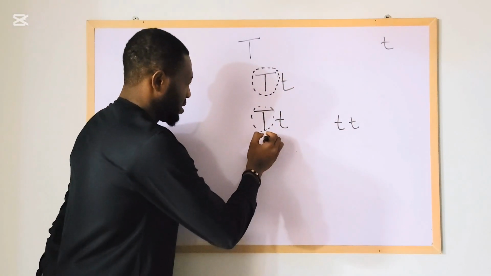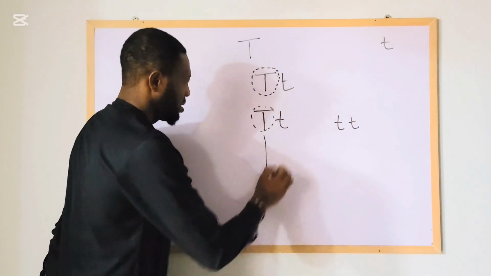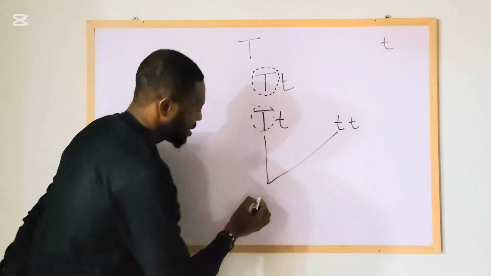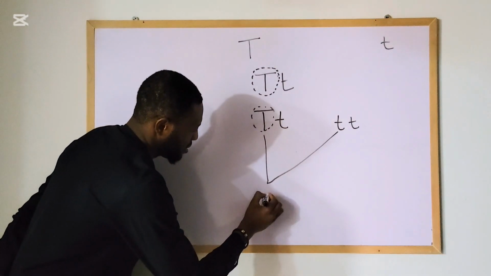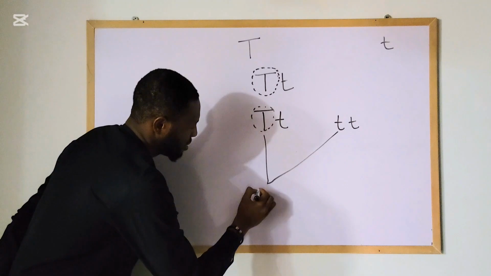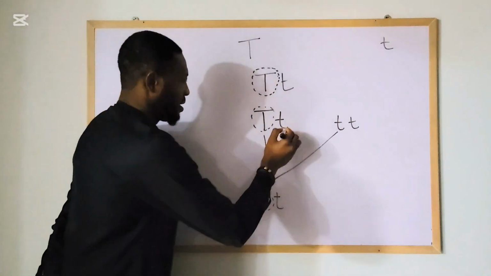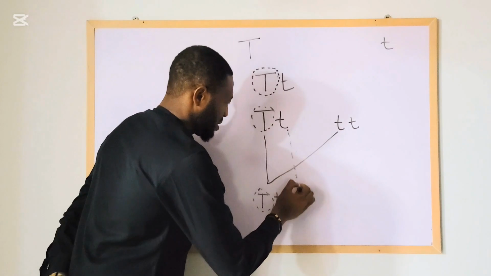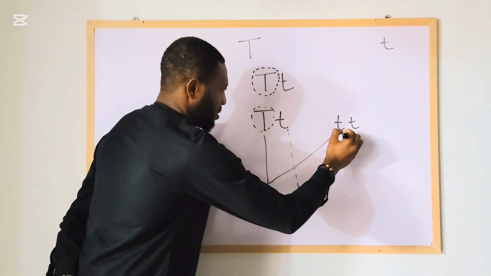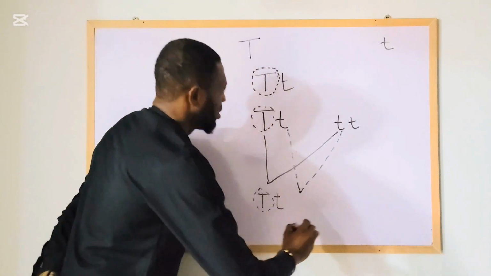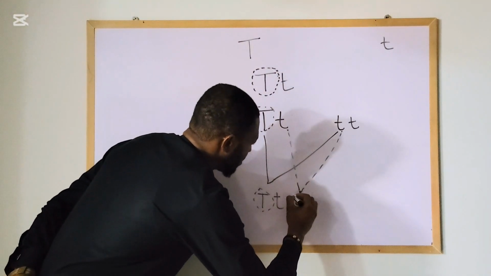Of course, this parent donates this, and that gives us this and this. Okay, this parent donates this and gives us this.